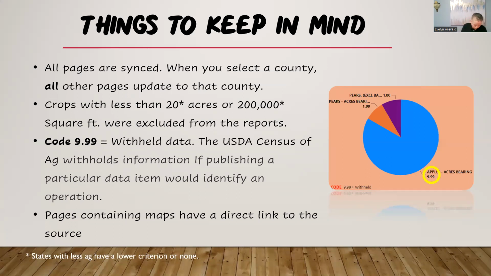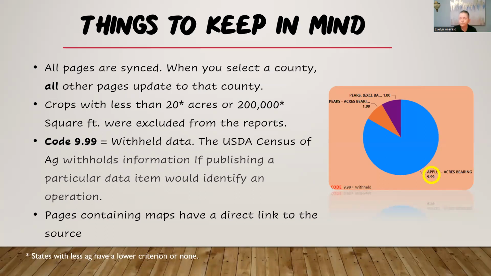Also, super important as well: when you see that code 999 on the right side of your screen, that means that the USDA withheld that information. If there's only one producer of a certain commodity, the USDA didn't provide the number of acres.